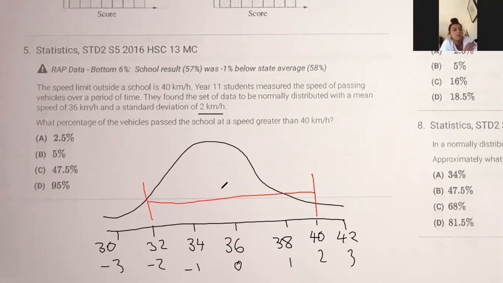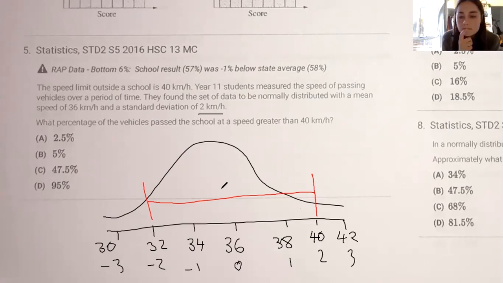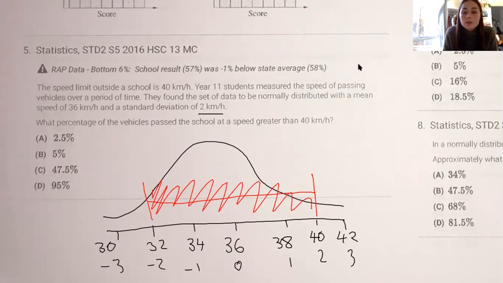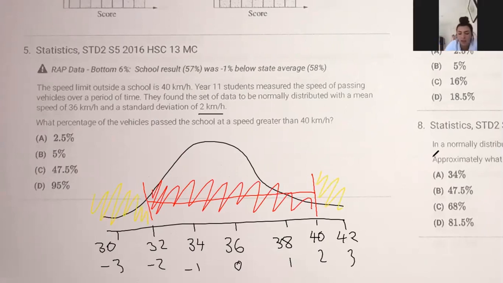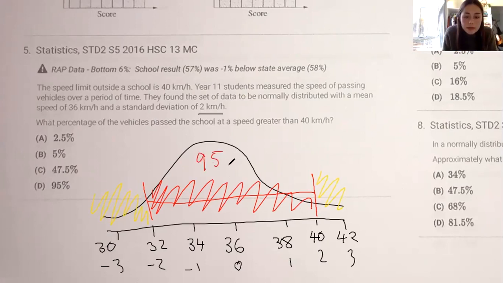Because if we figure out how much is in here, we can figure out how much would be on either side in yellow. So 95 would be here in red. That means in yellow would be 5, so half of 5%: 2.5 on this side and 2.5 on this side.